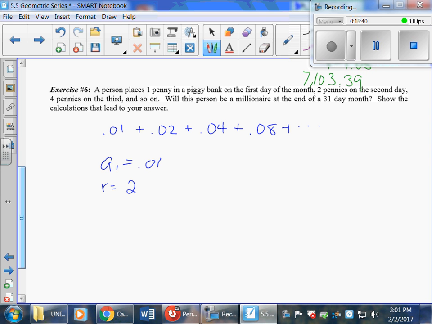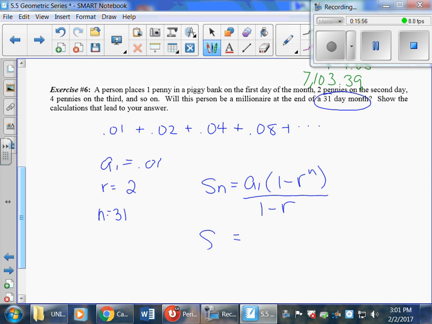Now, do we know what n is? Yes, they tell us at the end of a 31-day month. So n is equal to 31. So Sn is equal to a sub 1 times 1 minus r to the n over 1 minus r, which is S31 is equal to 0.01 times 1 minus 2 to the 31st power over 1 minus 2.